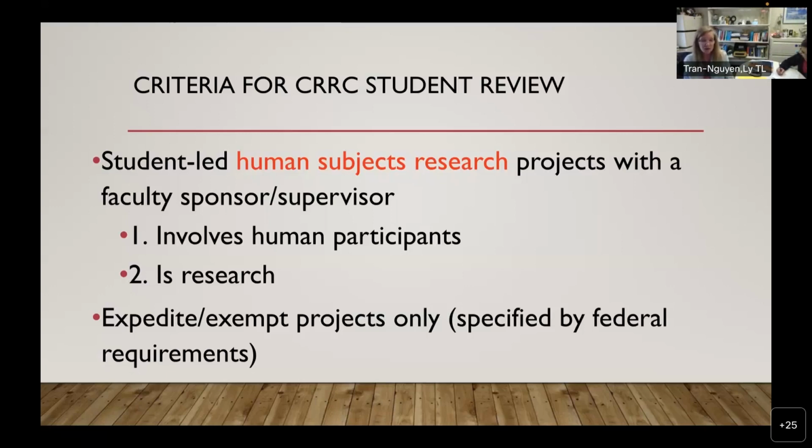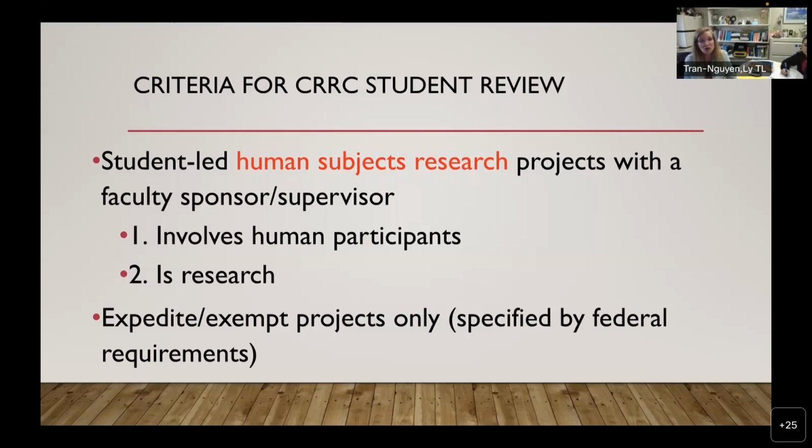The second issue to consider is whether your project could be described as expedited or exempt. There's kind of a wordy definition of what qualifies as an exempt application. And there are multiple conditions under which a project might be considered exempt from full board review.